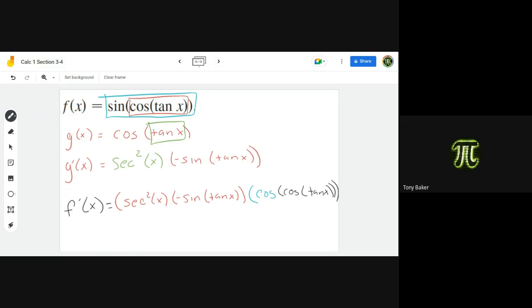All right. I'm going to add a practice for the chain rule in WebAssign. Because you don't have to do it.